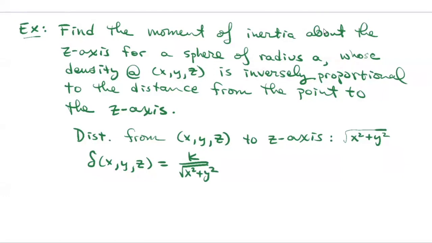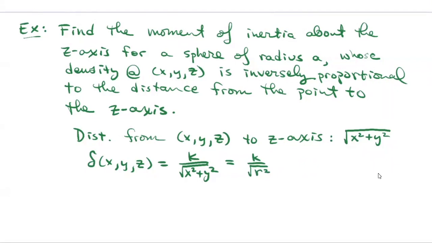Okay, so any questions about that? Of course, you may as well put this into cylindrical right now. x squared plus y squared is r squared. And r is positive.